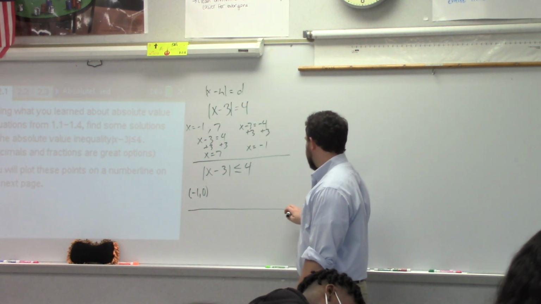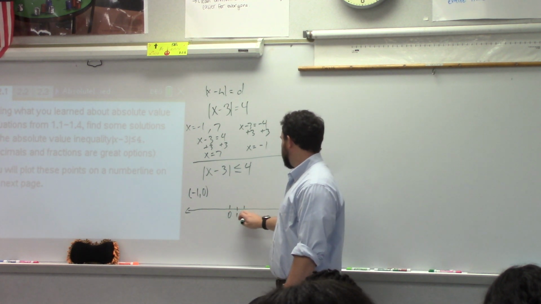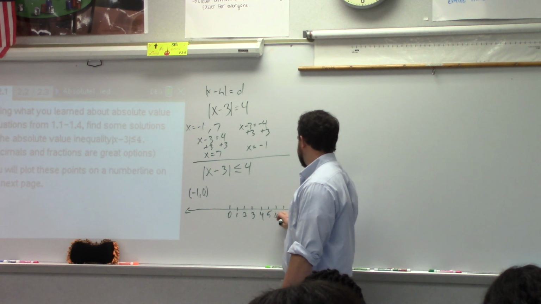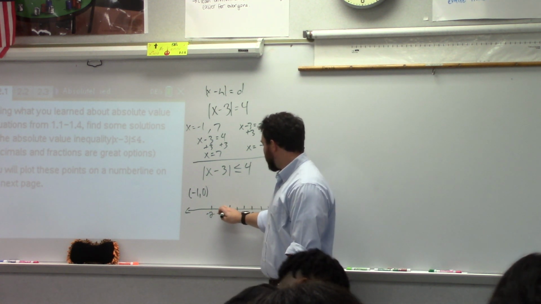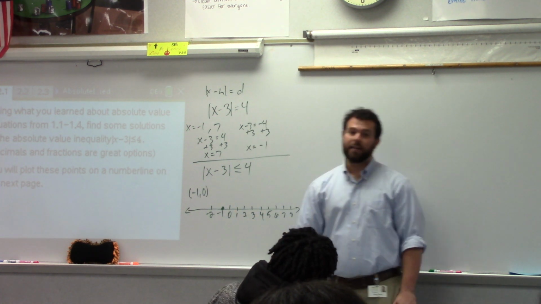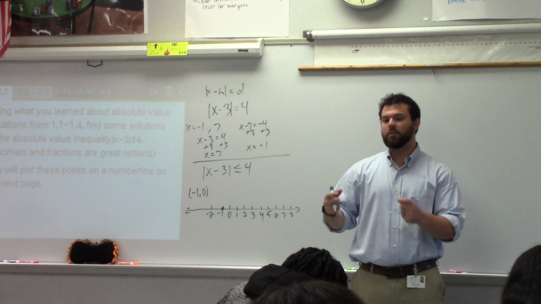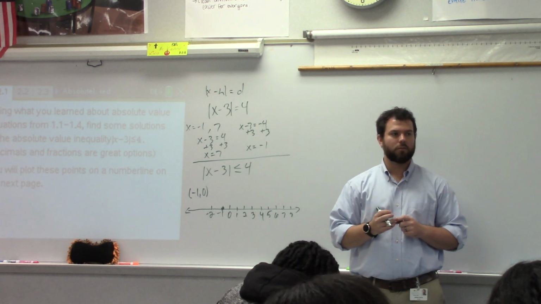Or if you're just on a number line, that point right there is exactly equal to 4 units away from 3. Are there any other points that are less than or equal to 4 units away?